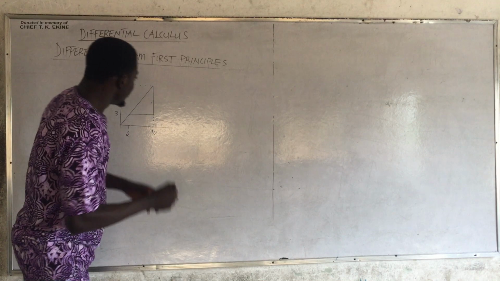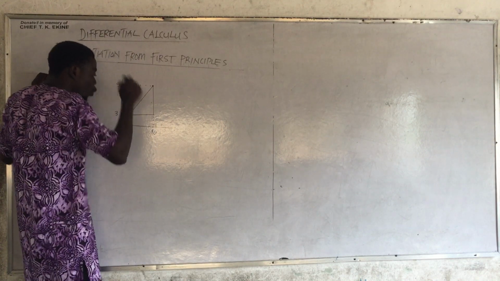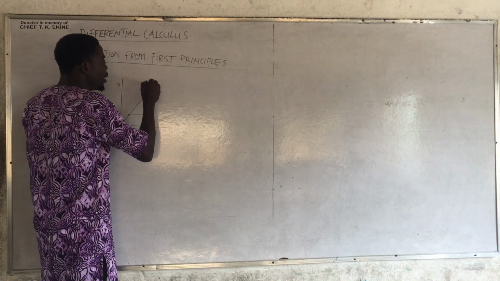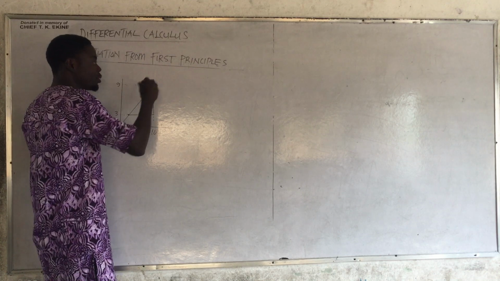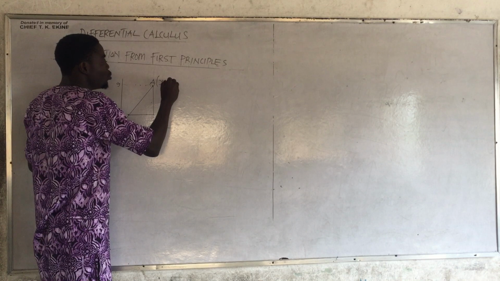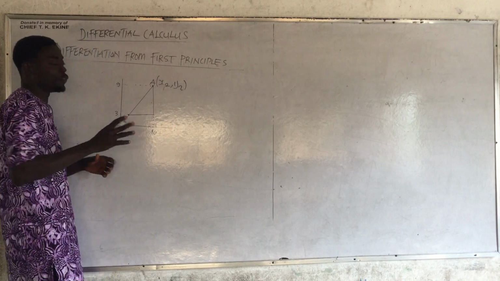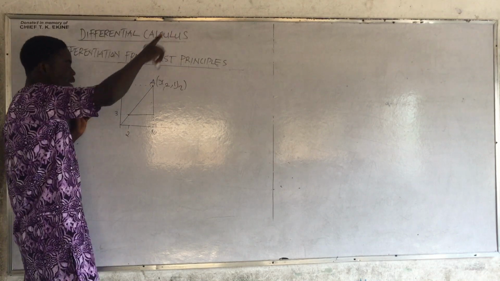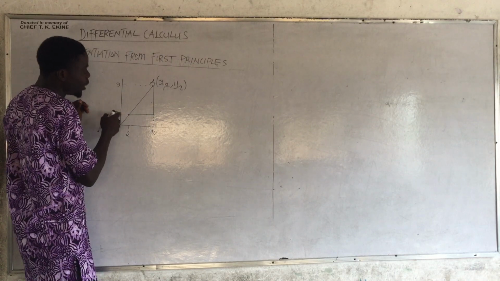These points have coordinates. Take note. If this point is A, the values of that point will be x1, y1, because you start from here. In physics they say this line is called uniform acceleration, so it must start from here.